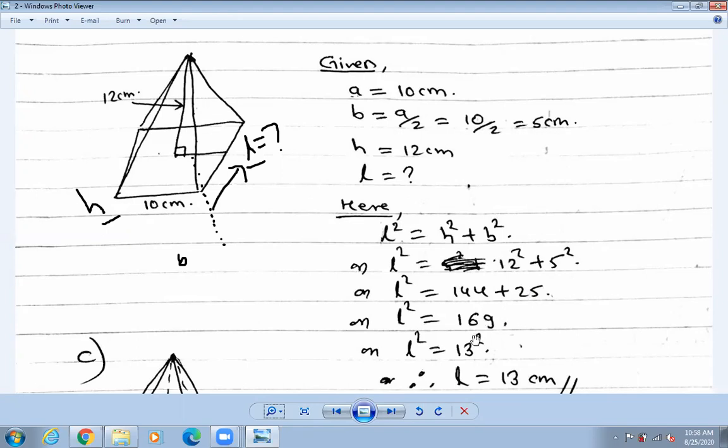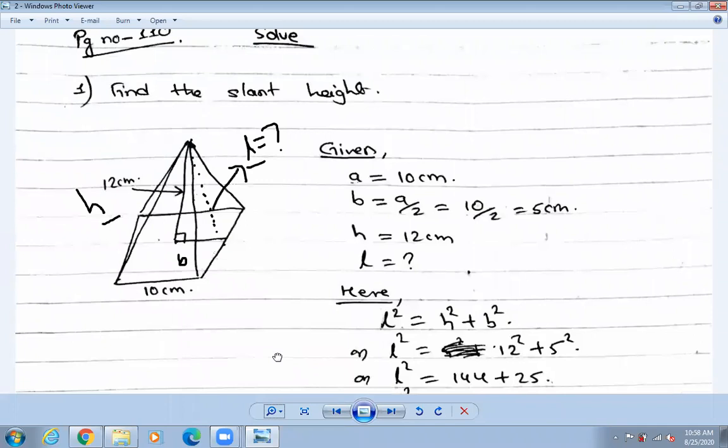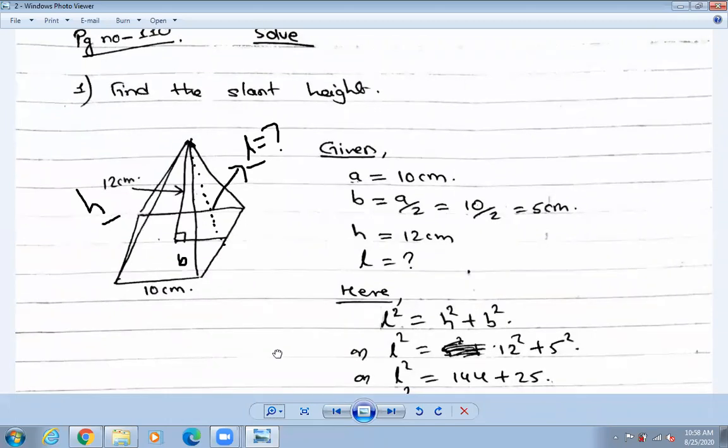And 169 is 13 square, so square and square cancel. That means L is going to be 13 centimeter.